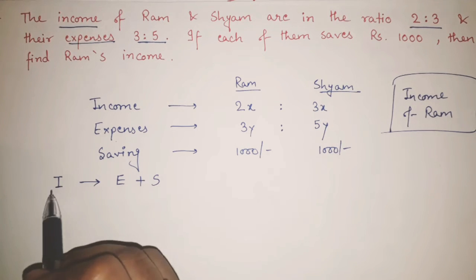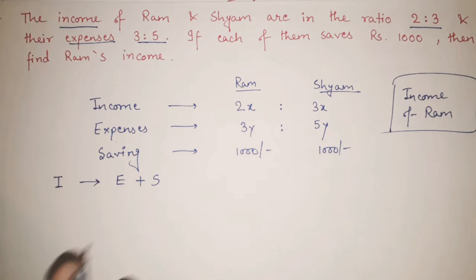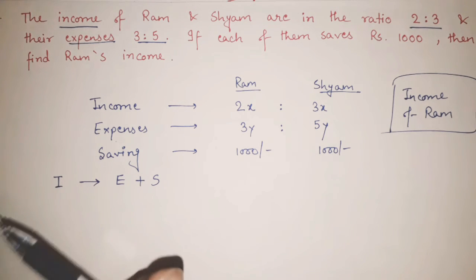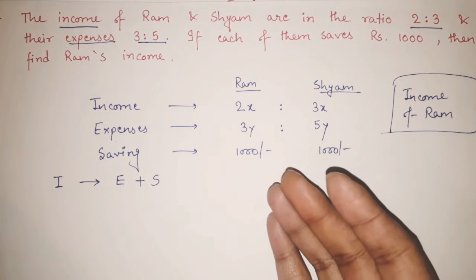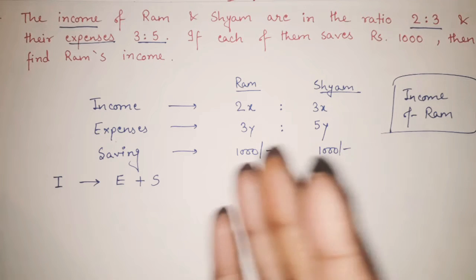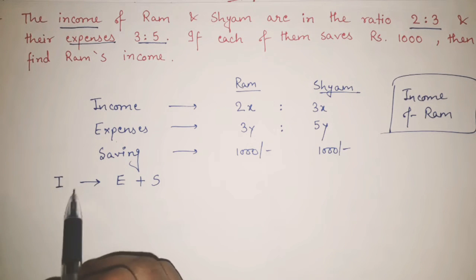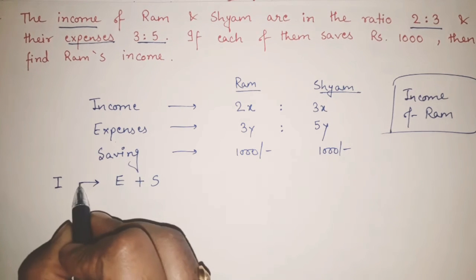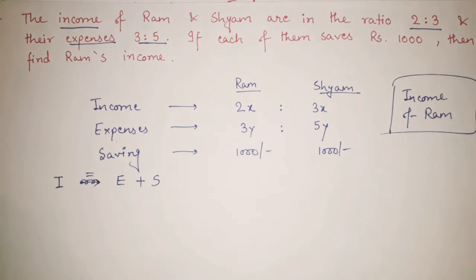So you don't need to mug up the formulas, you will anyway remember them. Let's say if your income is 50,000 rupees, then out of those 50,000 only you will spend, and the remaining amount you will save. So your income is equal to your expenses plus your savings. This is the formula that we know.